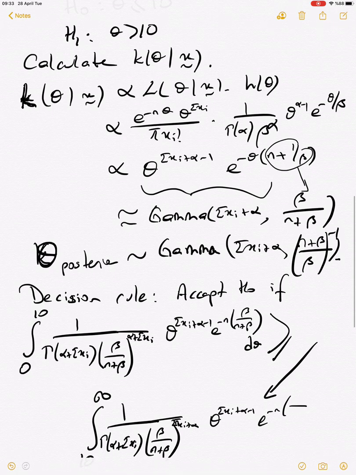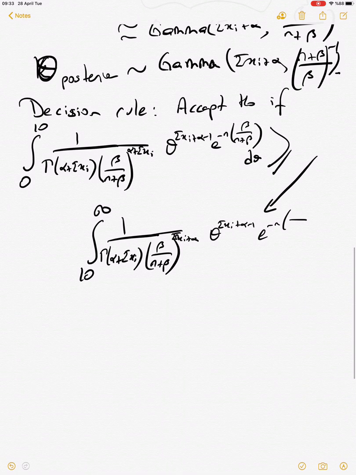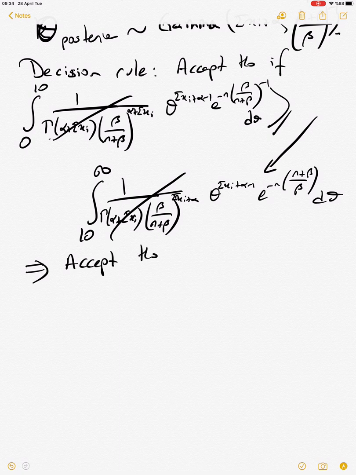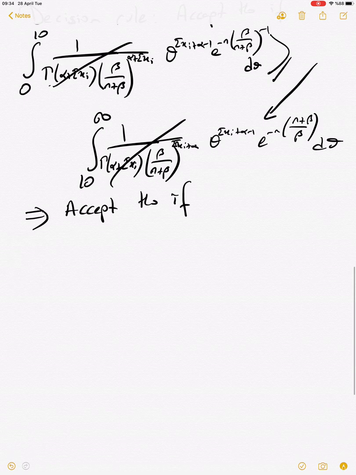So this part should be minus 1, and plus beta d theta. These are constants, so this part and this part go, and what we have here is accept H0 if we have to calculate this from 0 to 10.